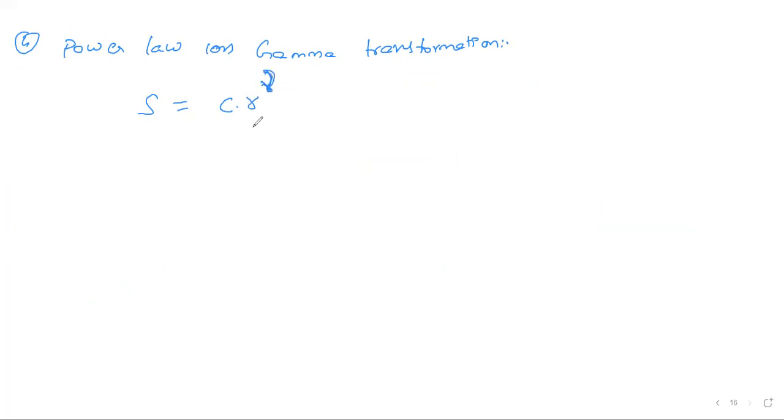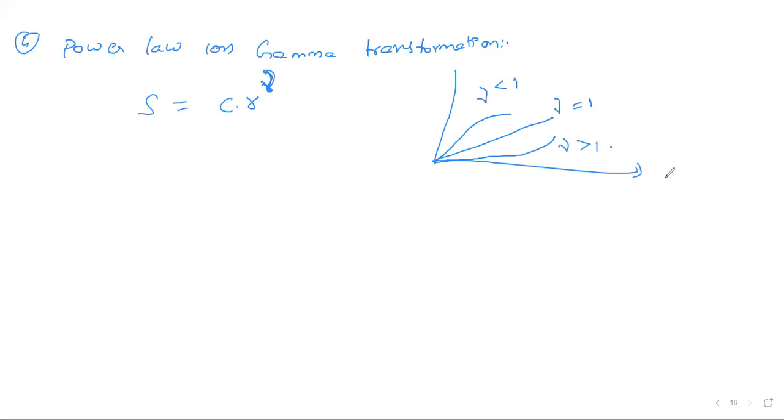According to this gamma, the image enhancement will vary. Gamma is equal to 1, gamma less than 1, gamma greater than 1.